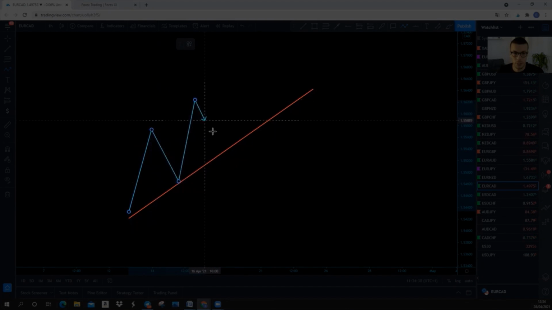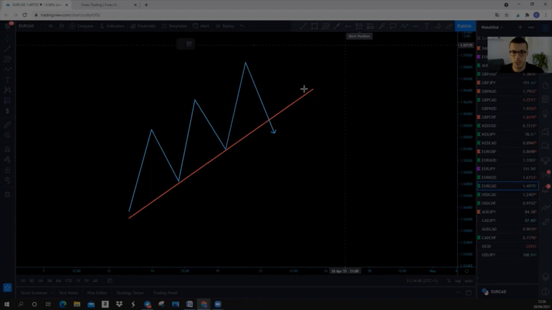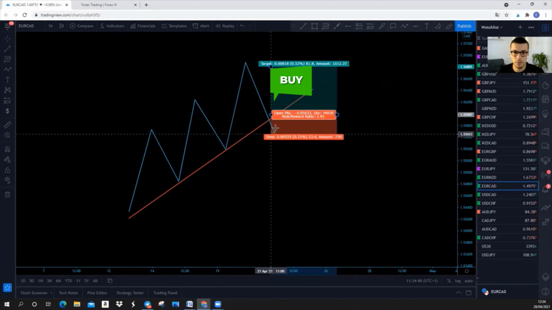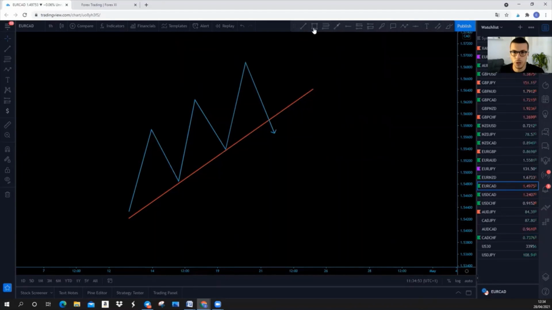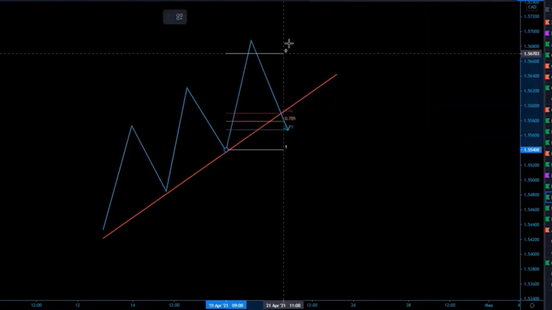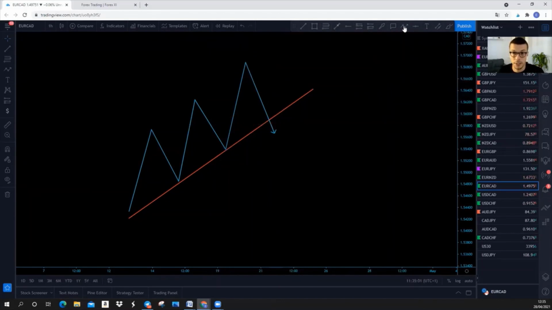So we're trading with the trend line, you're trying to enter a buy right here, and then you have this nice move to the downside. Therefore, you probably entered a buy from here and got a loss. Then maybe you also had, I don't know, Fibonacci confluence or whatever, and still got a loss from there. Then you understand that this is a breakout.